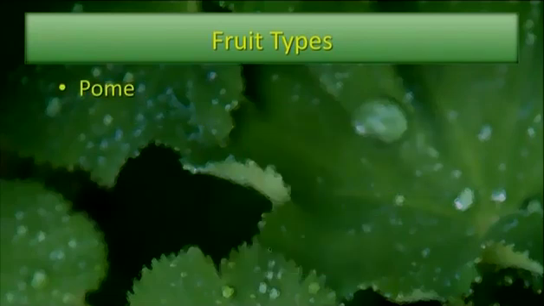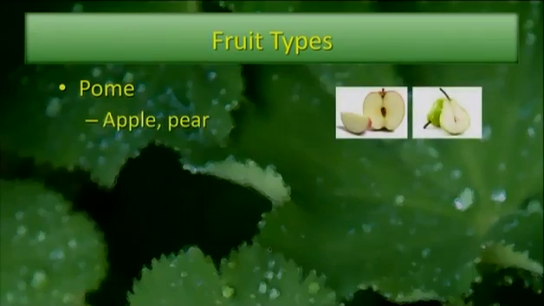Now we also have pomes, pome fruits. They include apple and pear. So why are they not berries? Why are they pome fruits? They have several seeds, they are thin-skinned. Well, the reason they're considered to be pome fruits and not berries is that this part here that we eat, this fleshy part, actually develops from receptacle tissue, which is the part that subtends the rest of the flower.